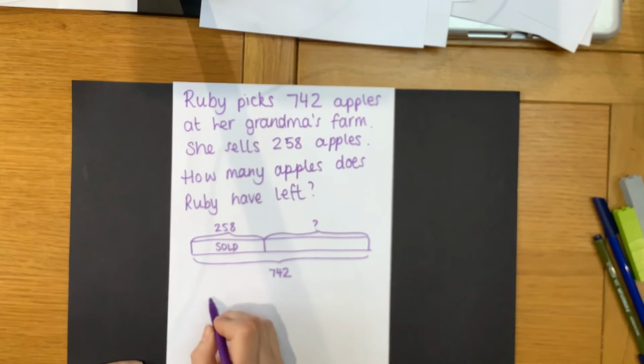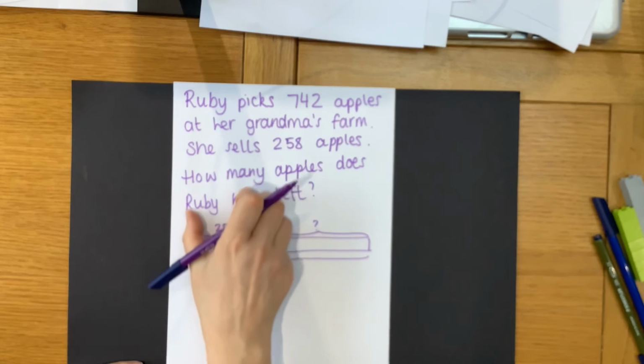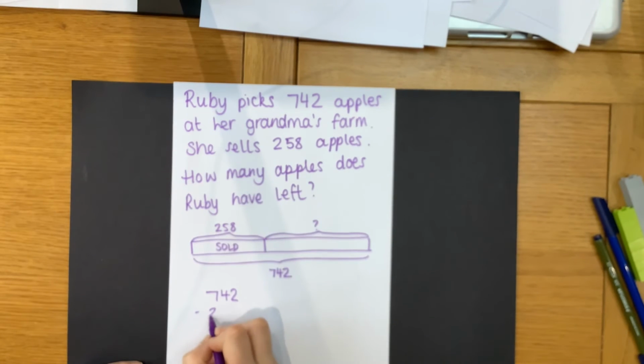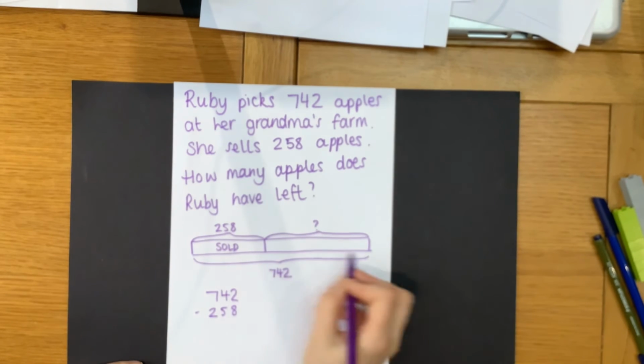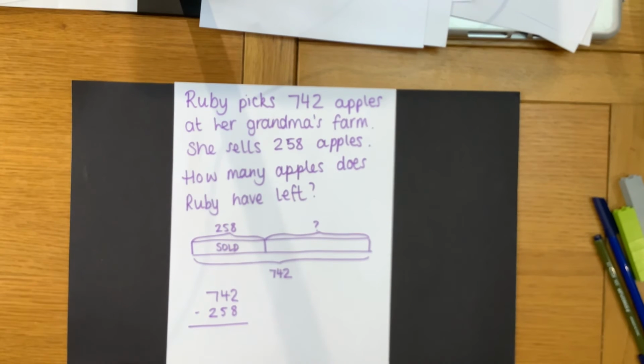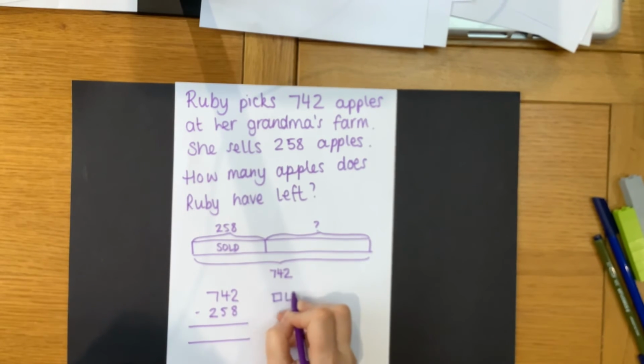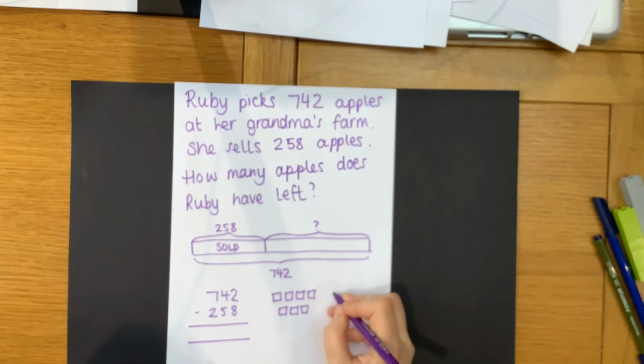Okay, so we start with 742 and I want to take away that block of 258 to work out how many are left. So I'm going to do a drawing of this calculation as well as doing it using the abstract. So I'm going to draw 742. There's my 7 hundreds, 4 tens and 2 ones.